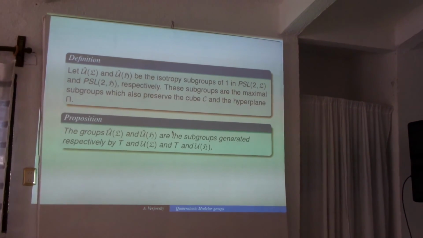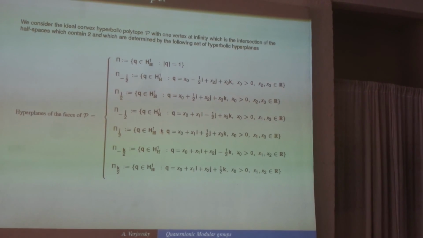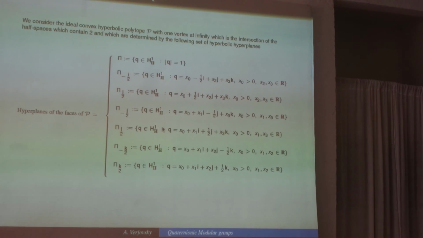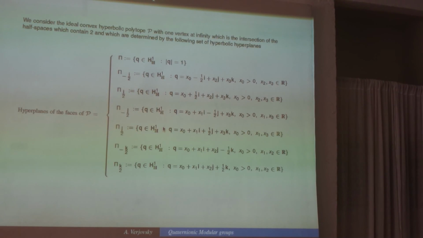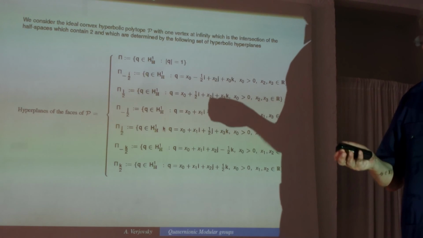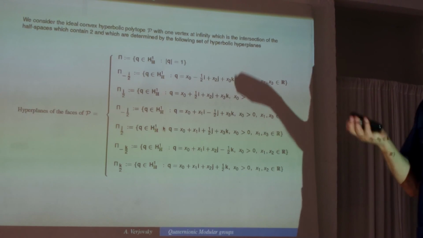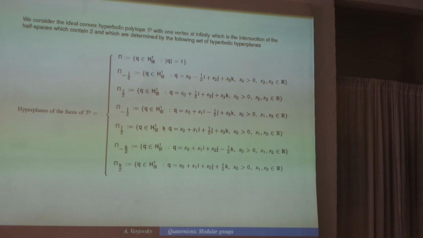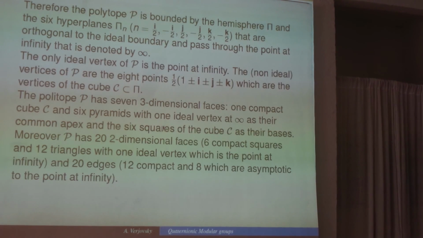So let me tell you along this. These are just the way I describe the chimneys. We give a complete definition of the fundamental domain. Now, if you claim that something is the fundamental domain, you have to prove it. So part of the complications of the paper, of our results, is to prove that these are actual fundamental domains.